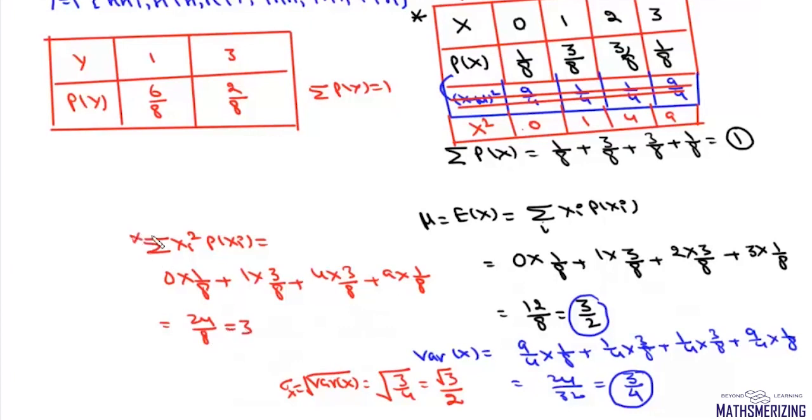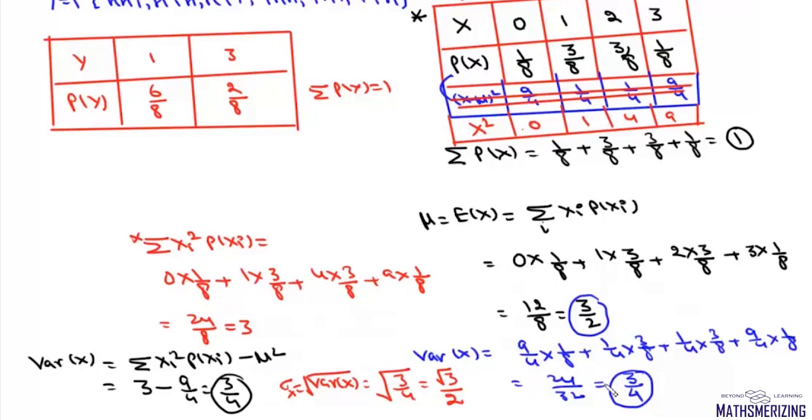Now once we have this value, we can write variance of x as sigma xi square into pxi minus mu square. Now this summation is 3, minus mu square is 9 by 4, which again is 3 by 4. So we'll get the same value. So we can use this method where we use x minus mu square, or we can use this method where we use x square.